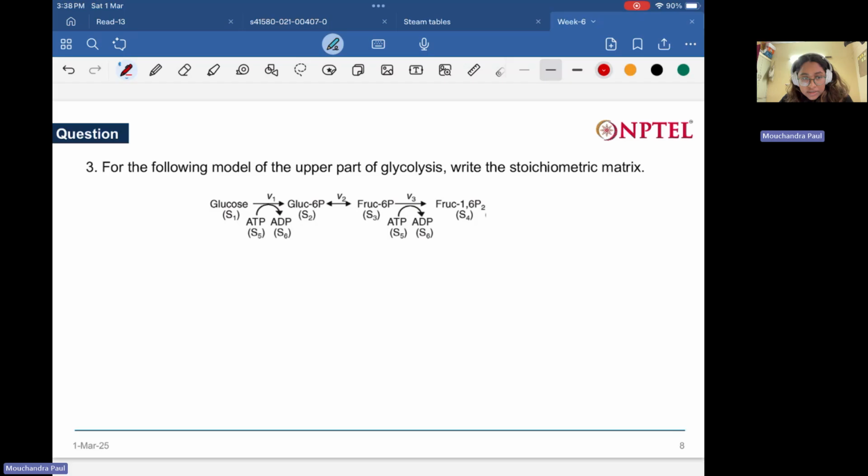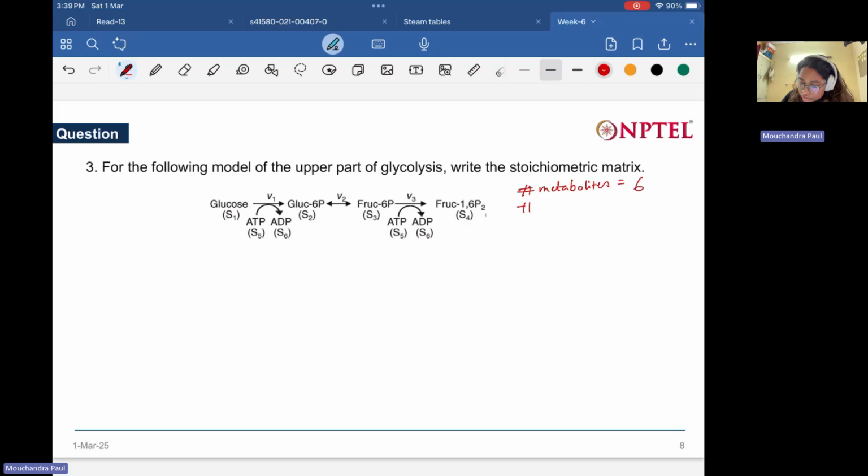Once again, let's practice. So here you are given the upper part of glycolysis. You have to write down the stoichiometric matrix for this particular reaction scheme. So how many metabolites are there? Again, number of metabolites. There are 1, 2, 3, 4, 5, 6. 6 metabolites.